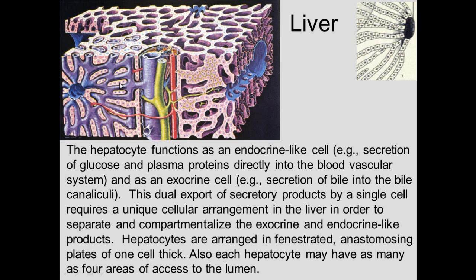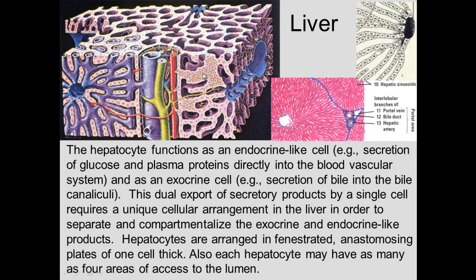So the hepatocyte has to have contact to the sinuses, as well as a way to keep the bile separated from the blood. And here you can see the portal radical. You have the portal vein coming from this.